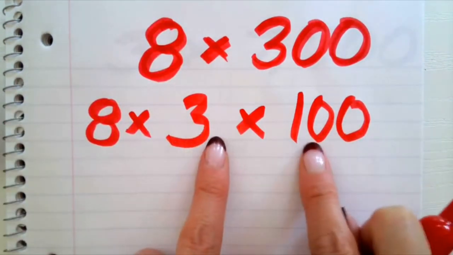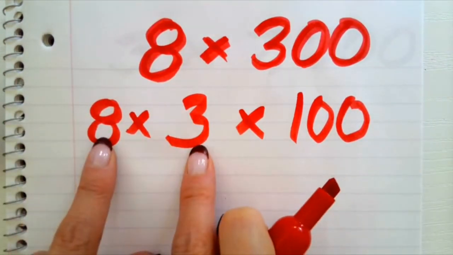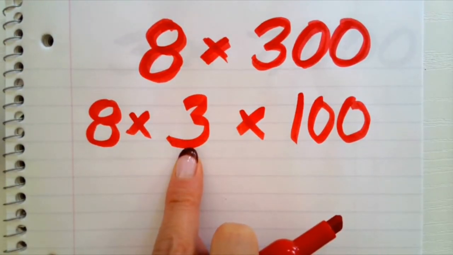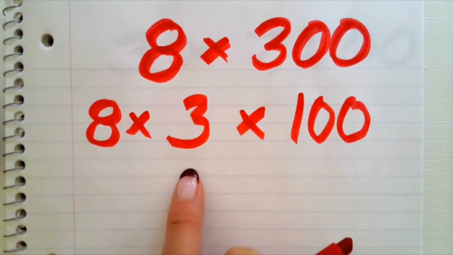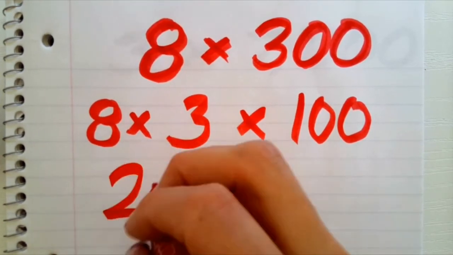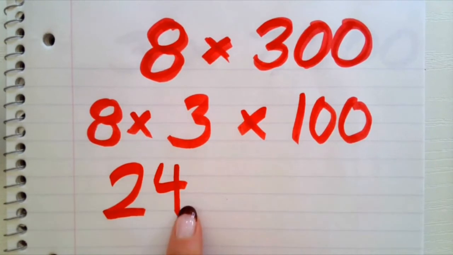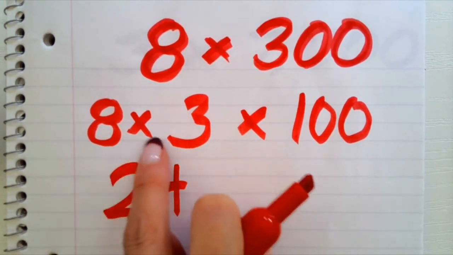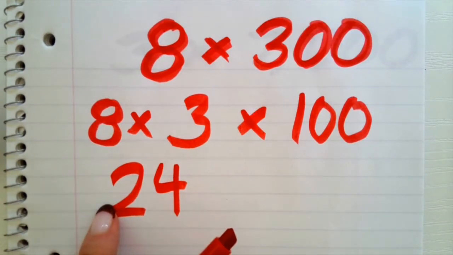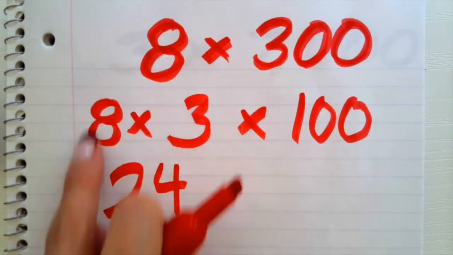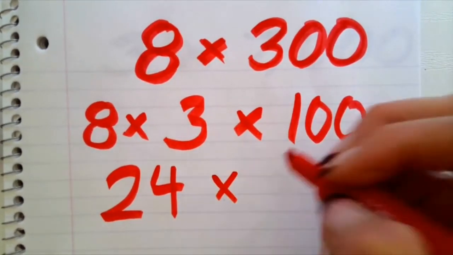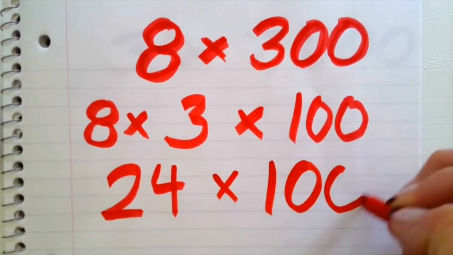But instead of associating these two, we can associate these two. 8 times 3. What is 8 times 3? 24. If you can't remember, think about 8 times 2 plus 8 times 1. Remember our distributive property. So now that we have associated these with the associative property, we can multiply 24 times 100.